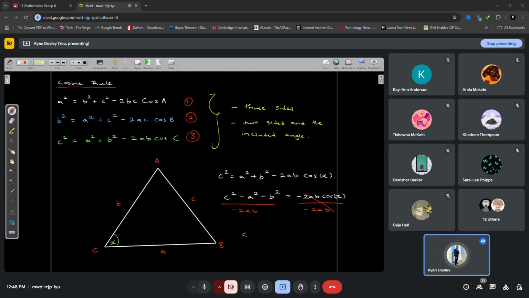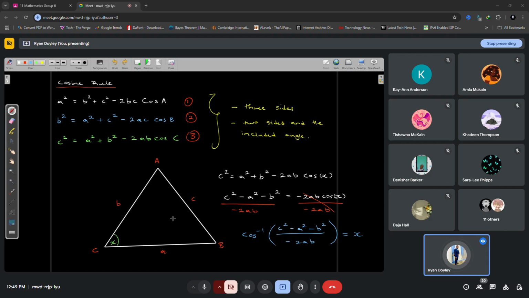So our final answer will be cos inverse of c squared minus a squared minus b squared over negative 2ab, and that would give us X. So that's what a transposed version of this would look like. But as I've stated, all you need to do is to just plug in the values, evaluate, and then transpose.